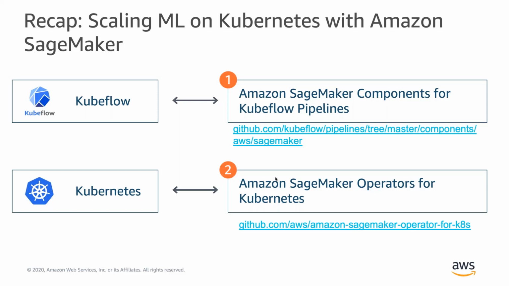If you're a Kubeflow user, you like to write Python code, you're a data scientist, and you use Kubeflow pipelines, you can now use Amazon SageMaker components for Kubeflow pipelines and make SageMaker capabilities be part of steps in your pipeline.